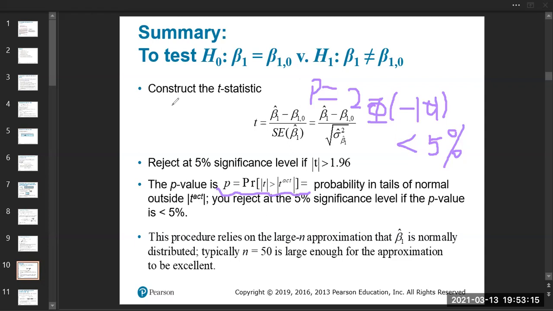So this result relies on a large n approximation that beta 1 hat is normally distributed. Typically, what is large n? N is 50. So you can think of it as if you run a regression of 50 states, say GDP on something, do we have a normal distribution of beta 1 hat?